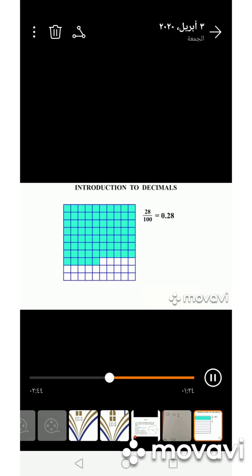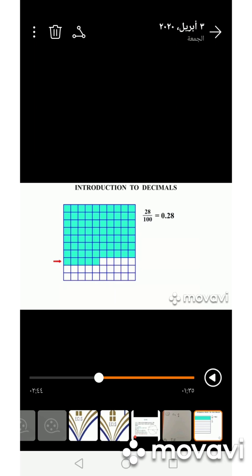Let's shade another part. How many complete rows do we have? Let's count them. 1, 2, 3, 4, 5, 6, 7. So we have 7 complete rows, with 70 squares. How many more down? 1, 2, 3, 4, 5.